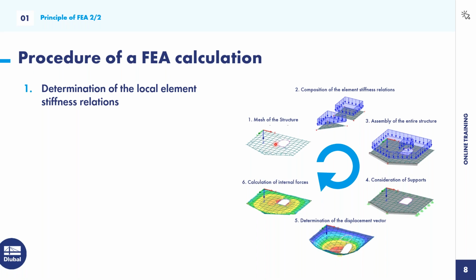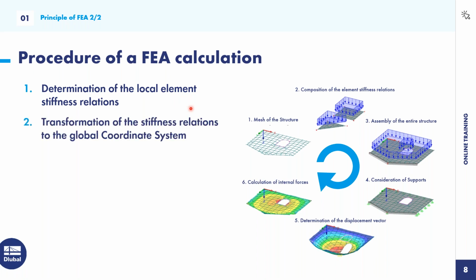So at each FE node, we get the local element stiffness, and then we have to transform it to the global coordinate system. Furthermore, we have also a composition of the element stiffness relations, and then through the transformation to the global coordinate system, we assemble the entire structure.